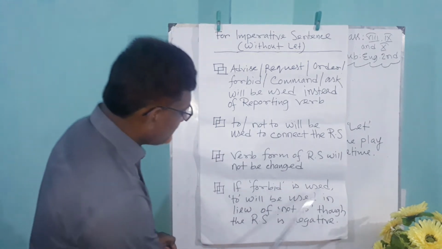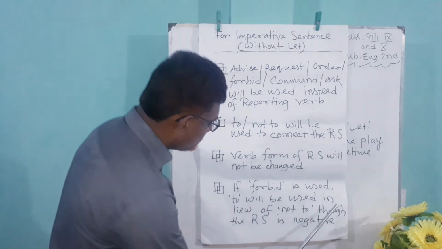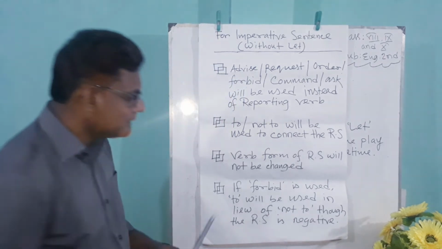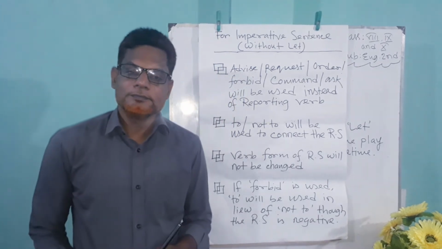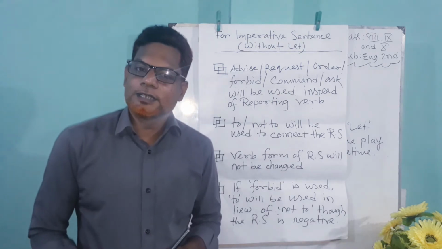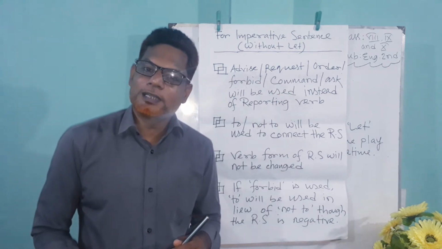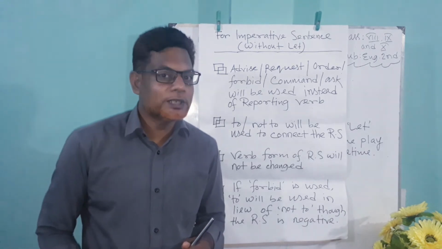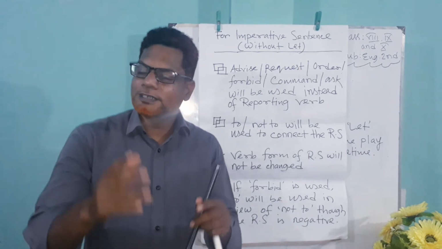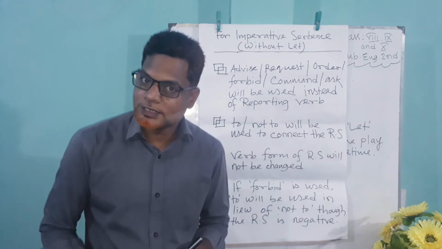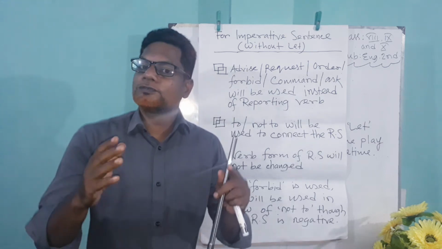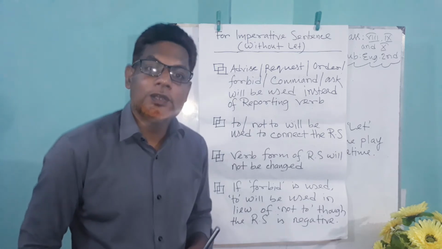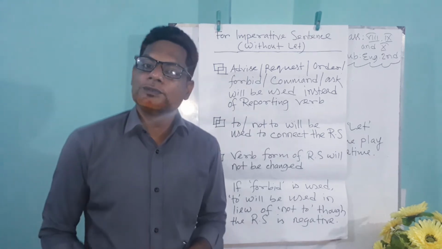Then if forbid is used, to will be used in lieu of not to, though the reporter's speech is negative. If the sentence of the reporter's speech is imperative and affirmative, we have to use to as the connector. But if it's negative, we have to use not to as the connector. But if we use forbid or prohibit, it's not necessary to use not to. In this case, we have to use to.